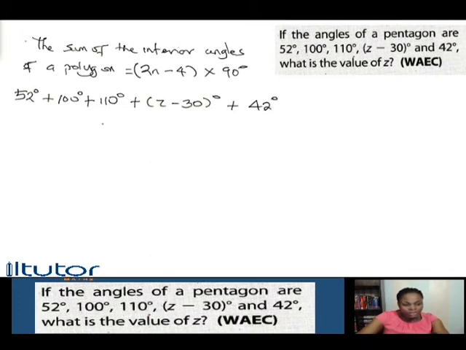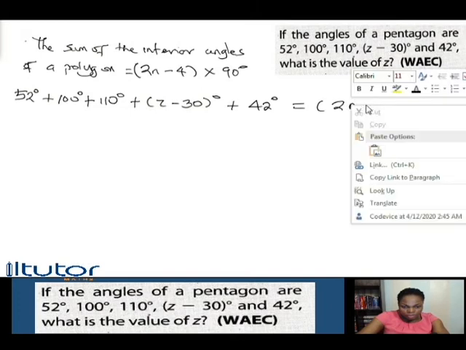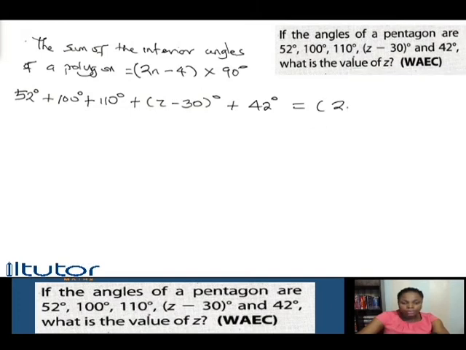This sum is supposed to be equal to 2n minus 4 times 90 degrees. In this case, it's a pentagon we're dealing with, so n is 5.